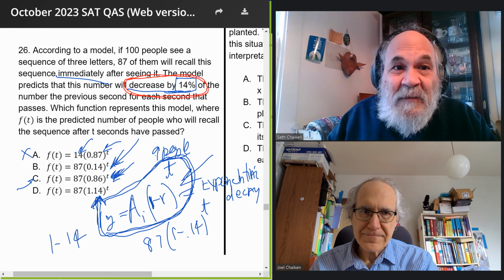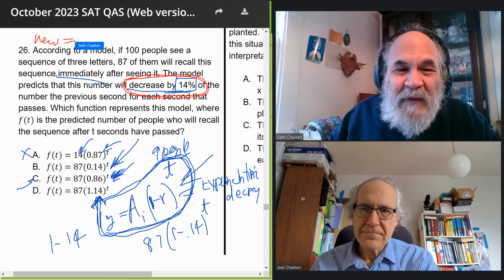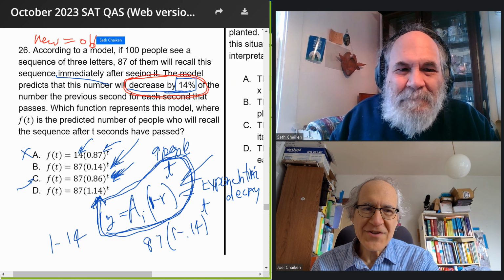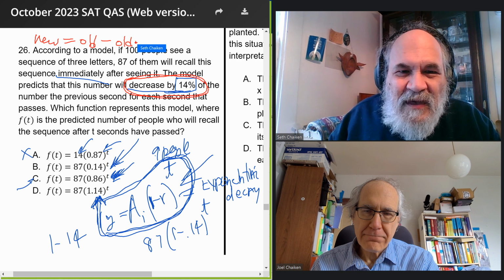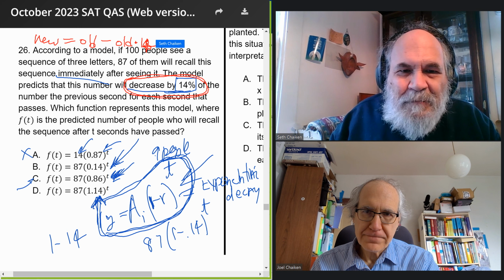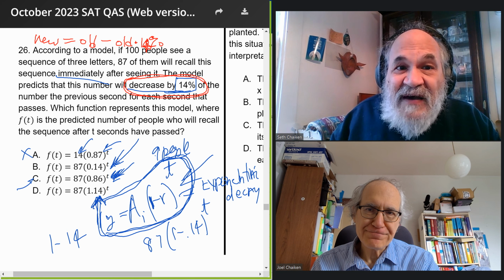It's because the new equals the old minus the old times the percentage that goes down. And the old is a common factor.